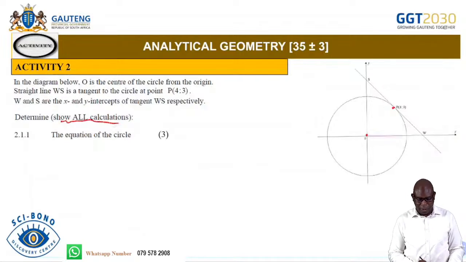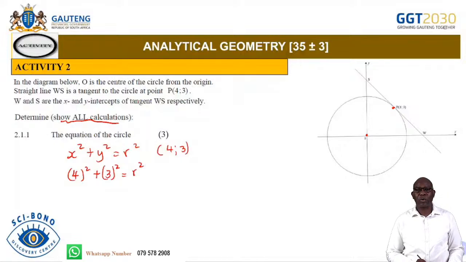So what are we going to have? Equation of the circle, we know. First of all, we must write down the equation of the circle. Then I know that the circle passes through the point (4, 3). Then I substitute the value of x by 4, the value of y by 3. Then I need the r squared. So my r squared is going to be 16 plus 9, which is going to be 25.